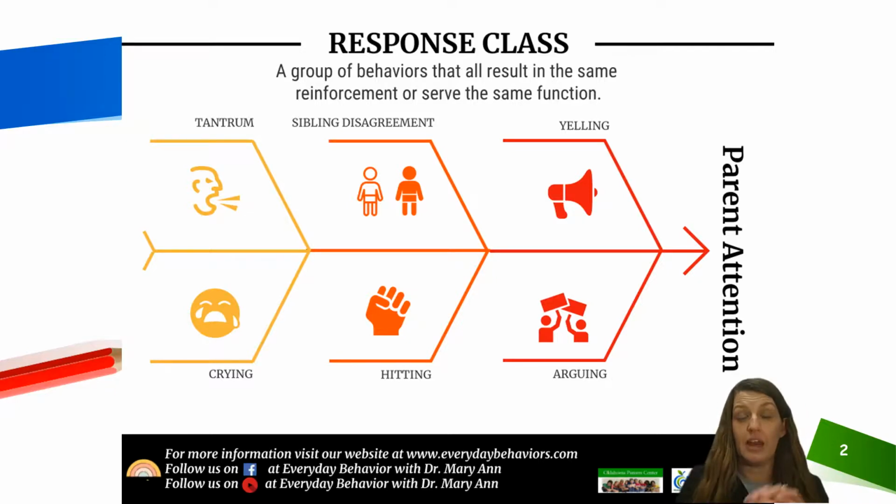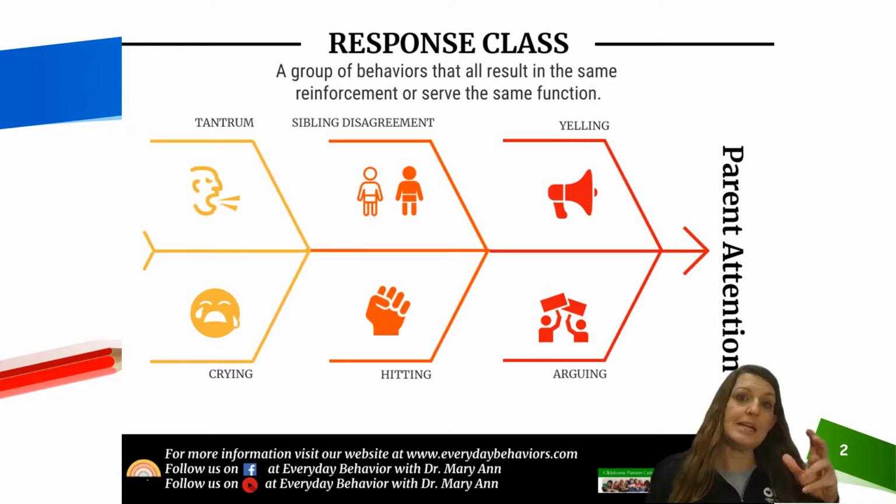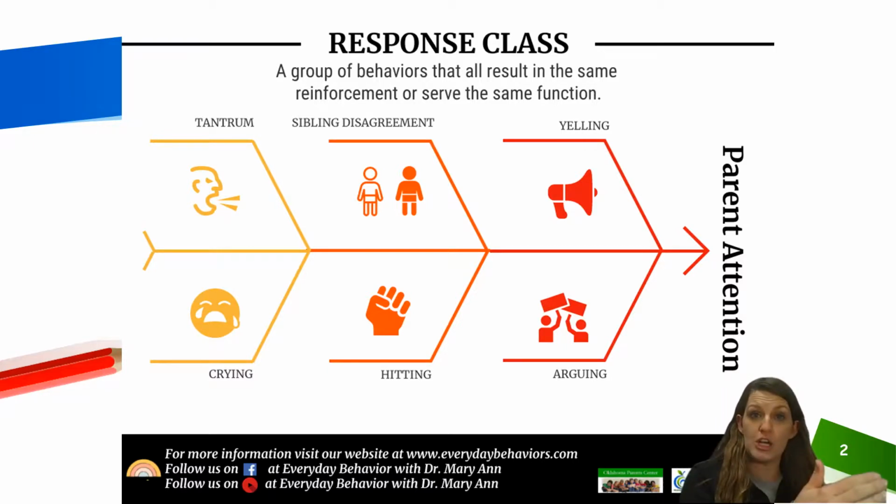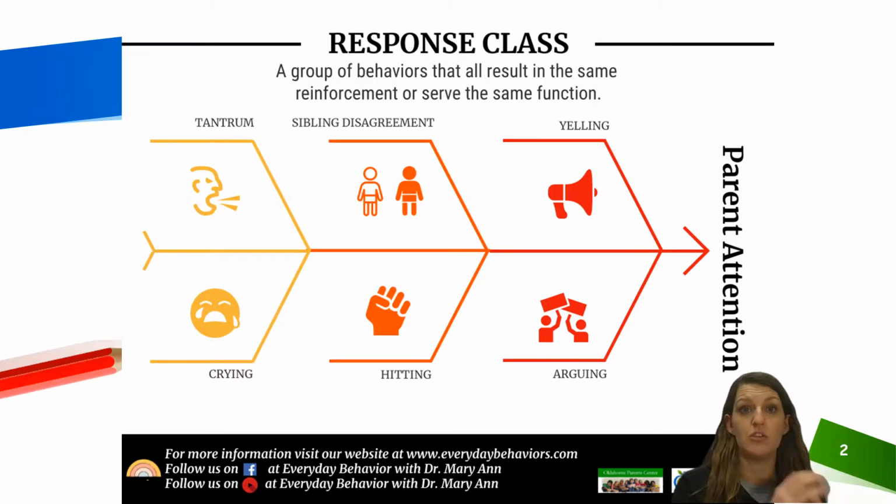So rather than evaluating a single behavior, when you're looking at your antecedents, evaluate, is this part of a larger stimulus class, a larger antecedent class? It's not one single antecedent, it's not one single thing, but it's part of a greater group of antecedents. Look at your behaviors.